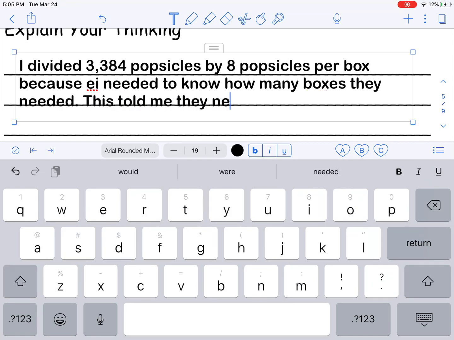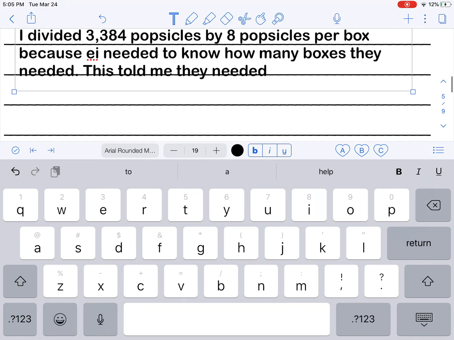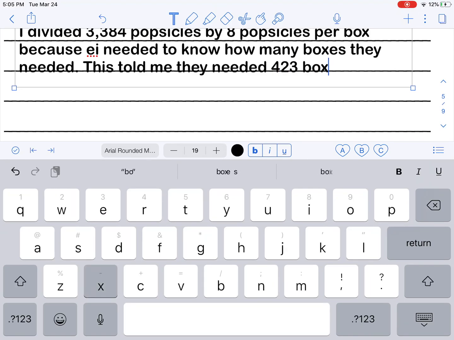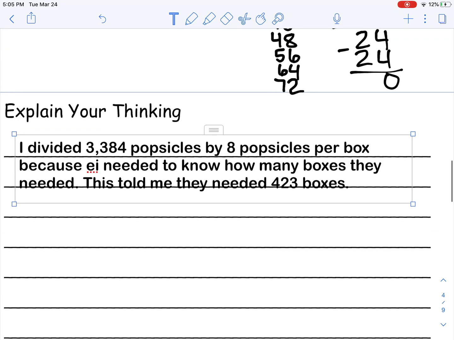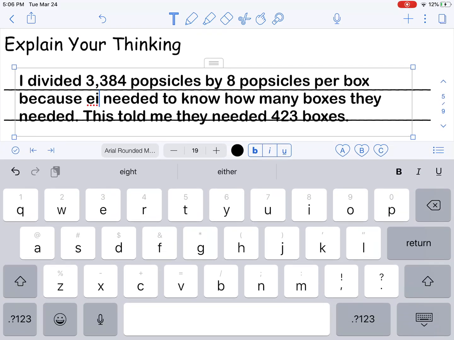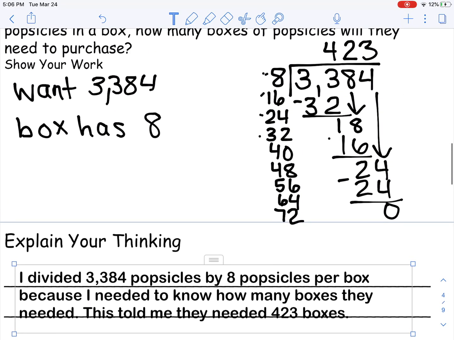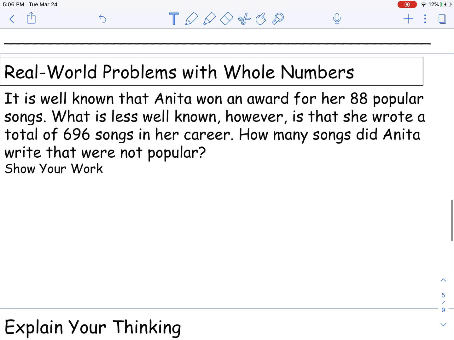This told me they needed 423 boxes. There we go. So real work. Oh, gotta fix this because I needed to know. Sorry, 1 second. There we go. So there's our first one, a whole number division real world problem.